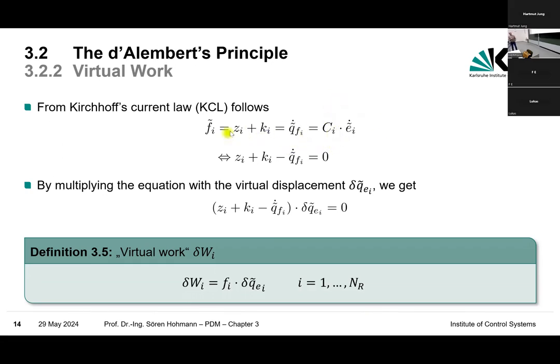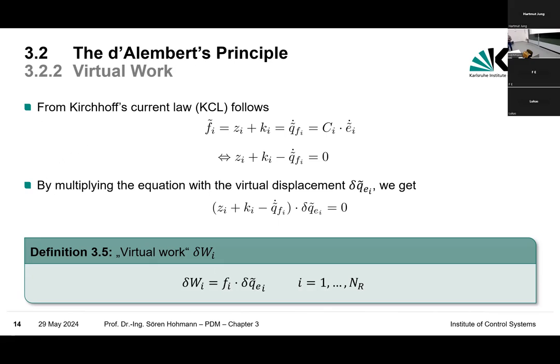So rewriting this equation gives Z_i plus K_i minus C_i Q̃_i dot is equal to 0. Just a reformulation. If we now do the following, we take a virtual displacement of every capacitor. So we shake it a little bit. That's the idea.